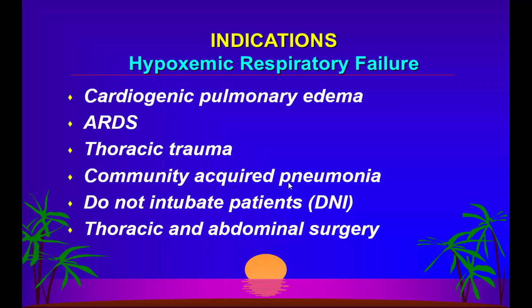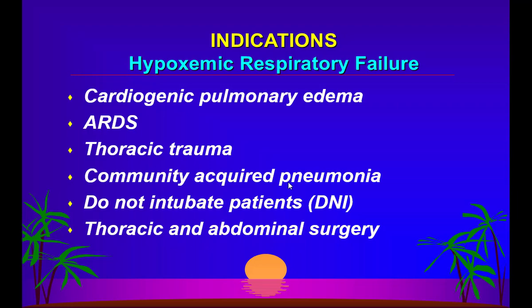Coming to the indications in hypoxemic respiratory failure, cardiogenic pulmonary edema is a very strong indication, because it's a disease which quickly reverses. You give the decongestive therapy, and in 2 or 3 days' time they're fine. So there it has really been found to be very, very useful. In early ARDS, stage 1 ARDS, you can use it, but with caution that the PF ratio is between 200-300.